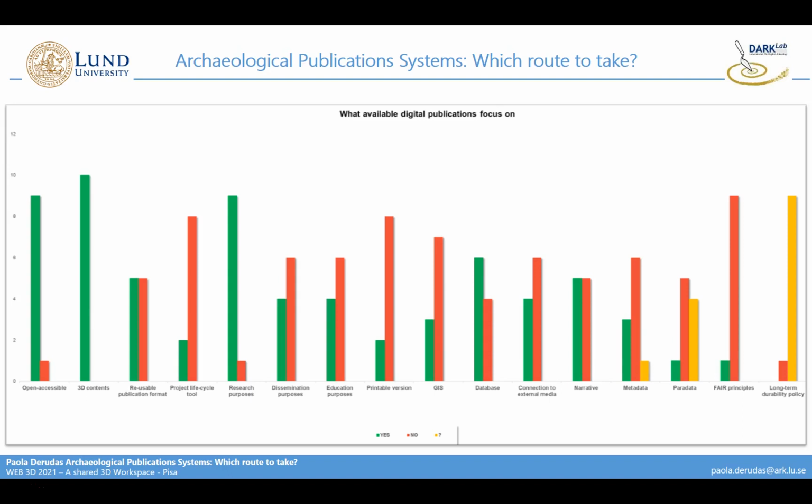The result of such a survey allows me to identify that these systems lack tools for data sharing, and also that metadata and paradata, which are considered crucial nowadays, are not always considered relevant.